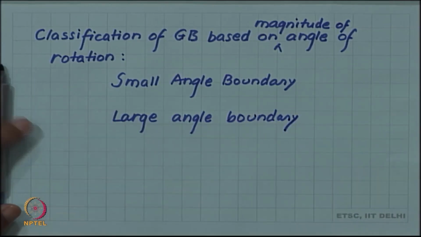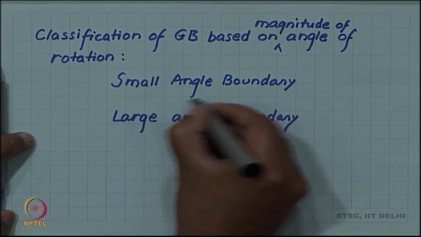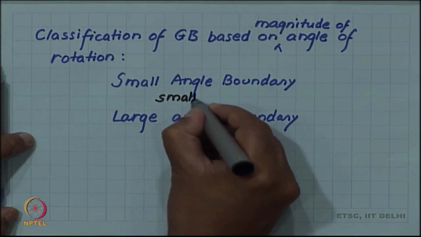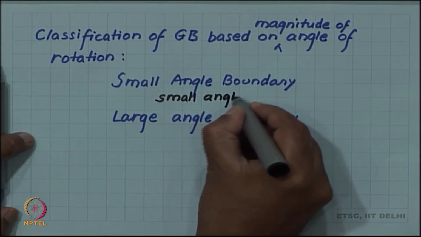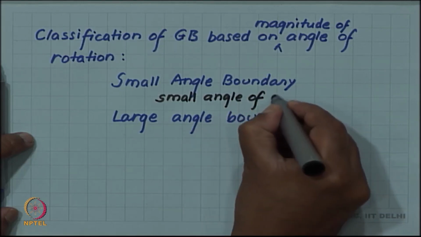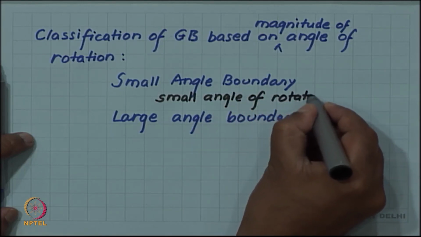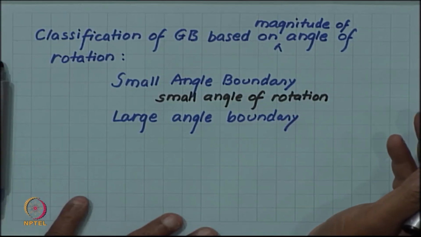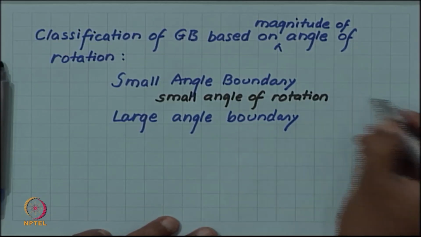In a small angle boundary, as the name suggests, the angle of rotation will be small. Of course, how small is cannot be precisely defined.